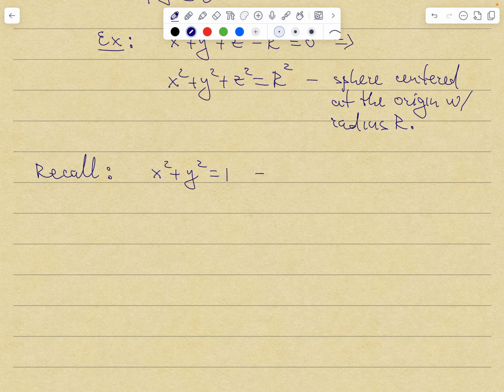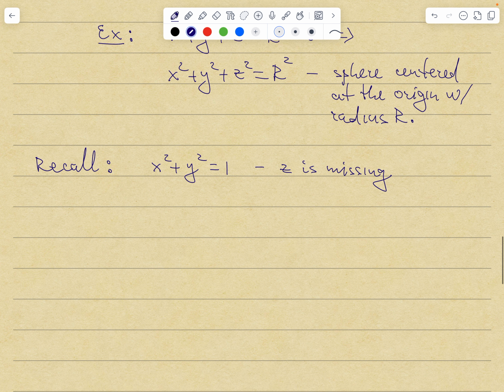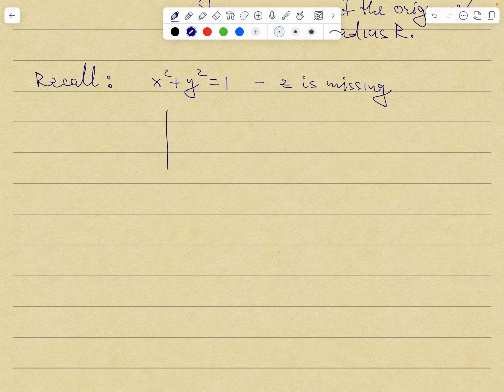And the special thing about this equation is that z is missing from here. We discussed that in this case, if I want to sketch the corresponding surface, I notice that my equation does not involve z. So what is x squared plus y squared equal to 1?